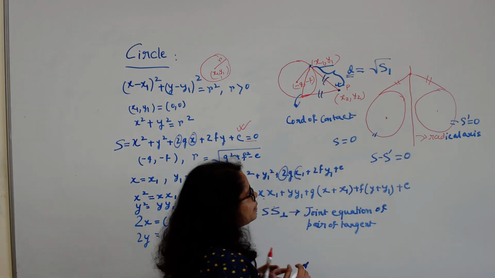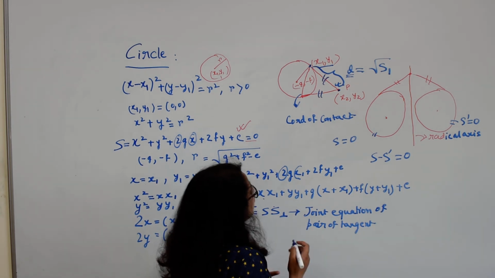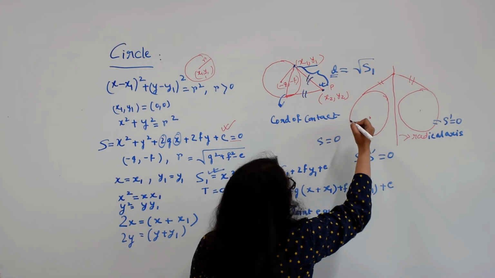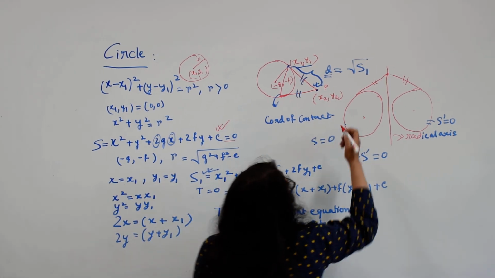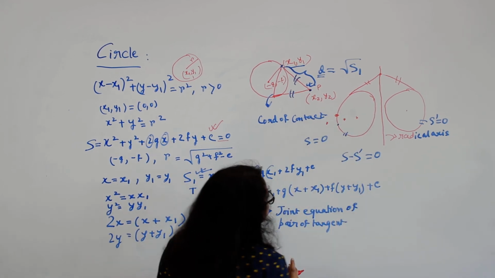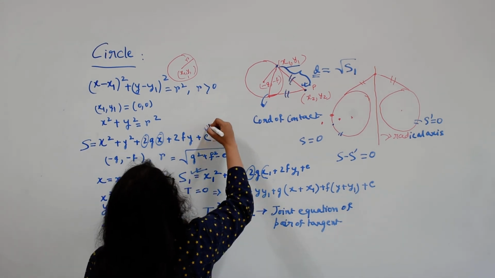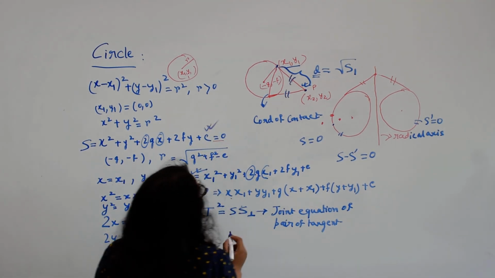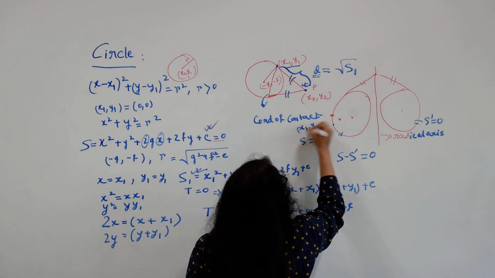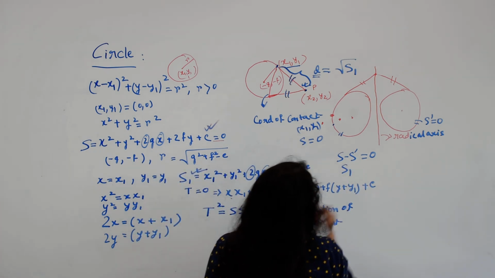Now if we are given a point and we are asked where the point is, that means the position of the point with respect to the circle, whether the point is on the circle, outside or inside, and we are given the equation S equal to 0. We will first put this point, suppose the point is (x1, y1), in the equation, that means we will first calculate S1.